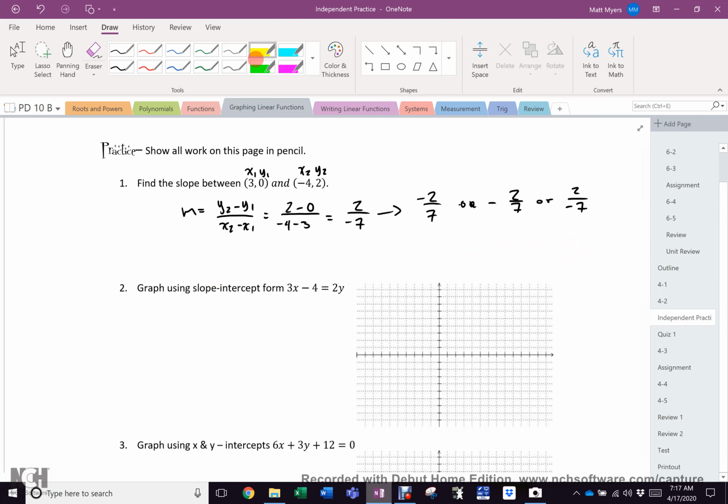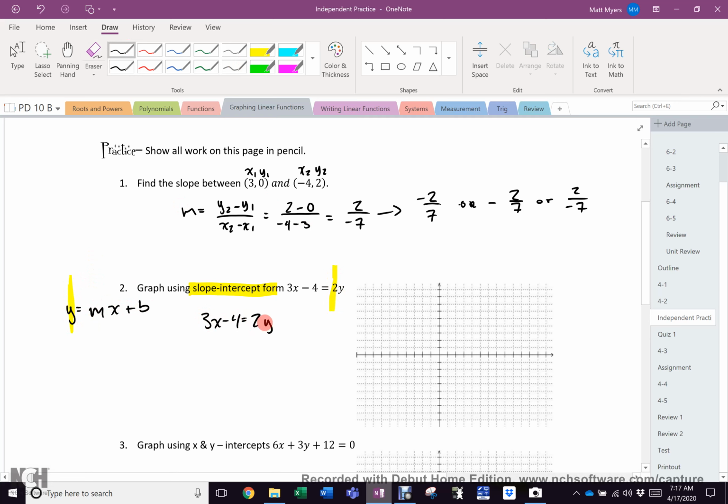Graph using slope-intercept form. Slope-intercept form is y equals mx plus b. Now, you're smart kids. y all by itself. What do you see right there? y has a 2. So 3x minus 4 equals 2y.